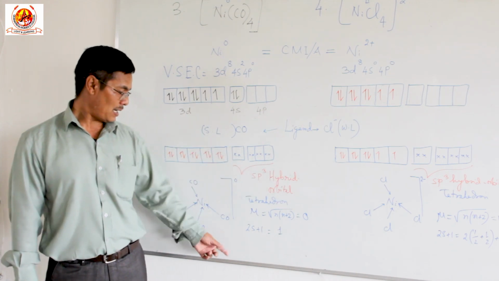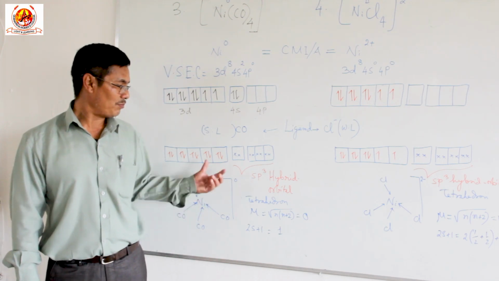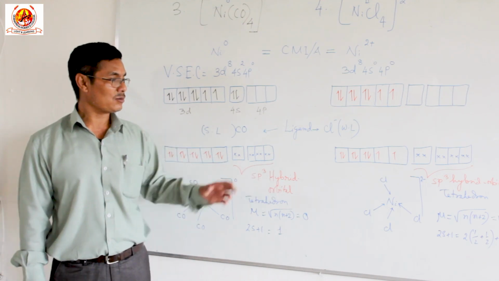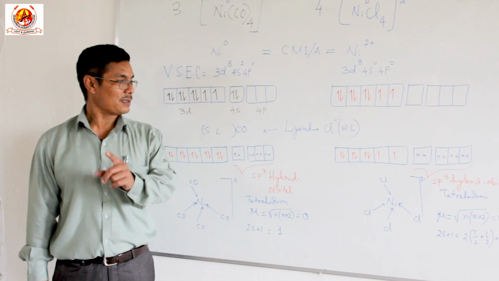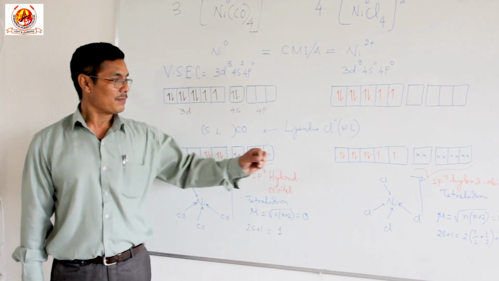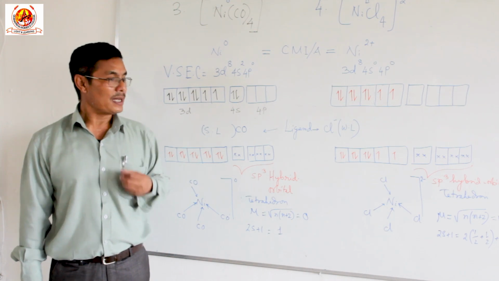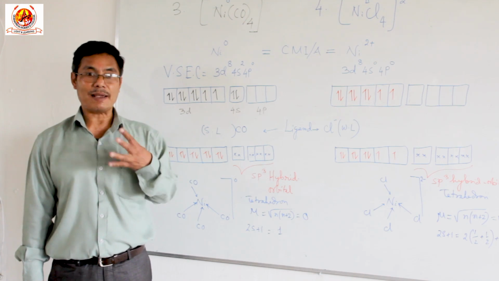Another property is magnetism: this compound is diamagnetic, and this compound is paramagnetic because of the presence of unpaired electrons; no unpaired electron means diamagnetic.